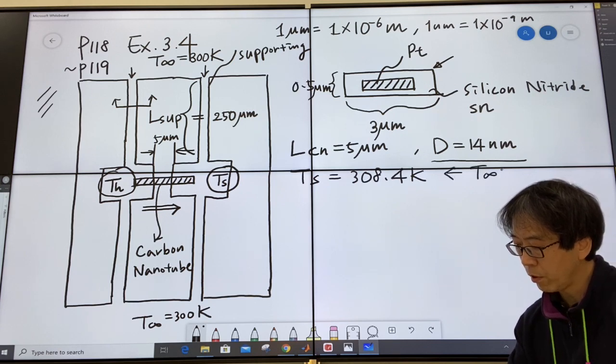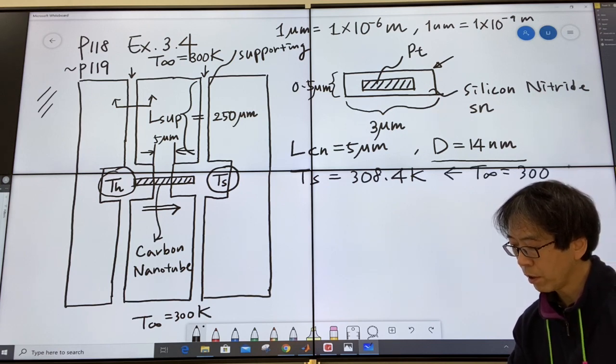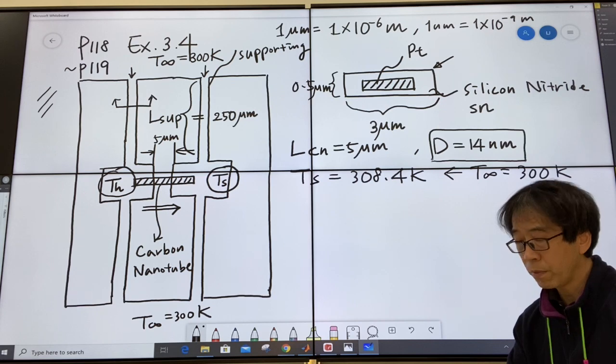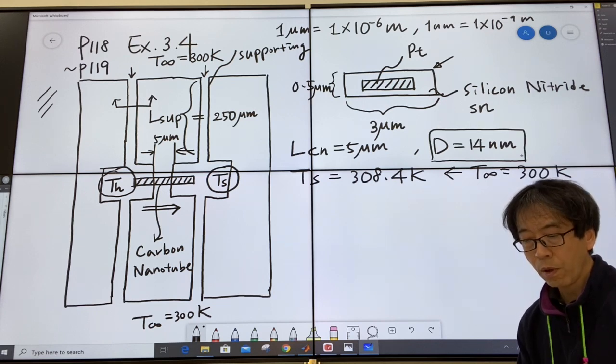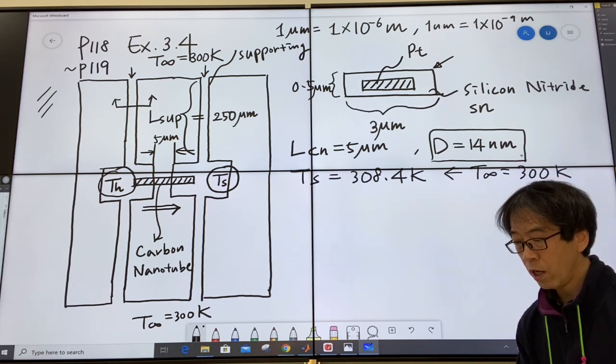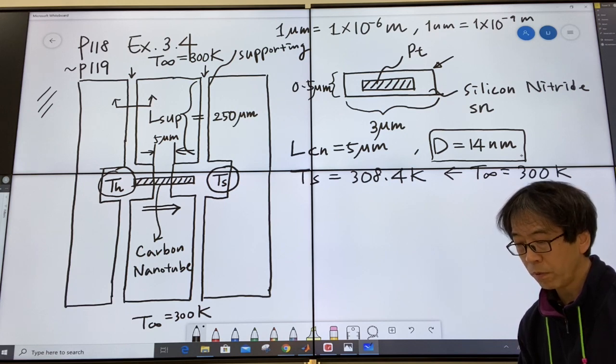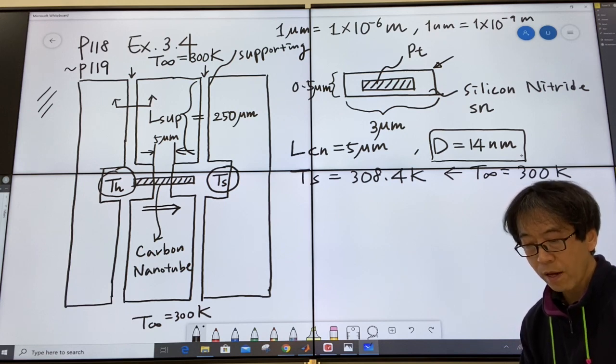Remember, T infinity was 300 Kelvin. This temperature is elevated through this little structure. Can you believe it? So people are wondering what kind of thermal conductivity this carbon nanotube has.